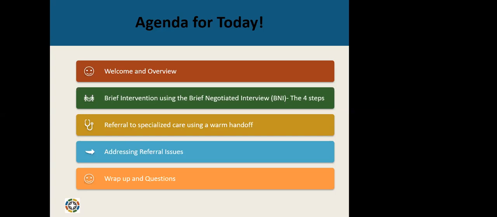We'll touch on what a warm handoff is, and again, how communities can help to support all the different practices and skills that are used in this brief intervention process. We'll address some of the referral issues. I think sometimes that also brings up some interesting challenges in communities. And so we'll address some of those challenges today, and then we'll have a little bit of time at the end, hopefully, for some questions.